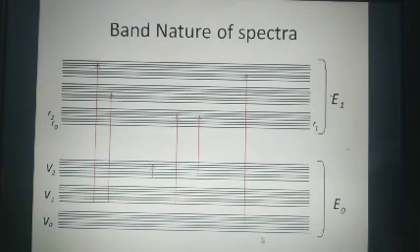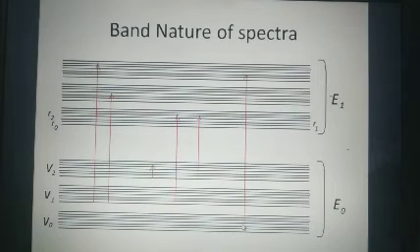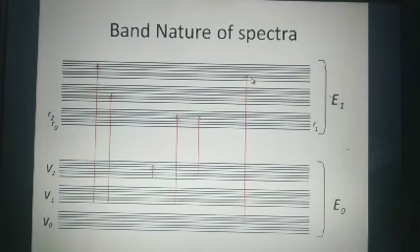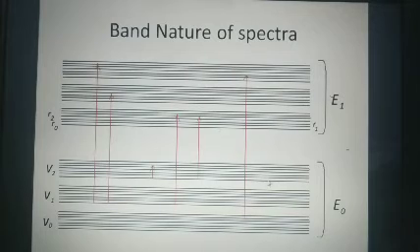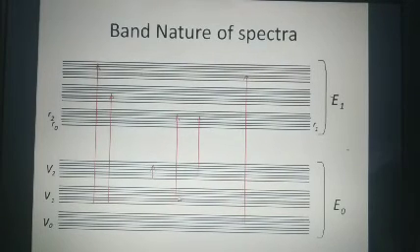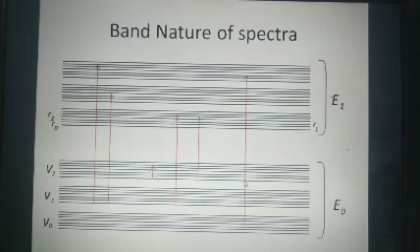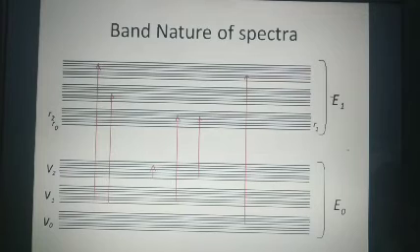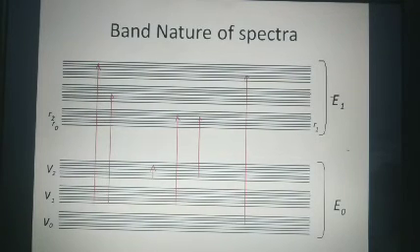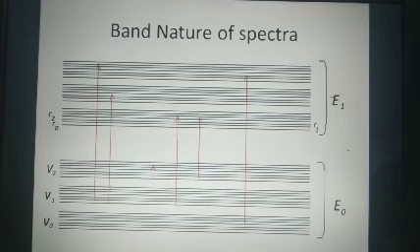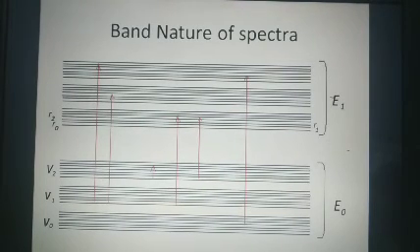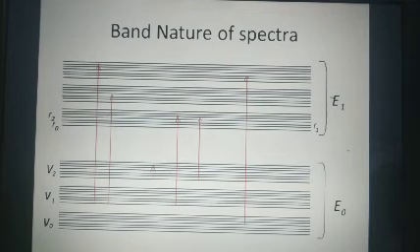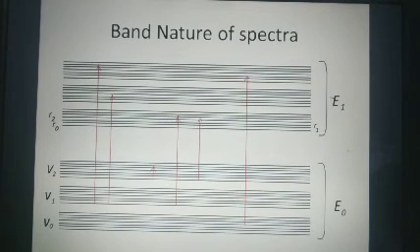Whenever an electronic transition takes place from one electronic level to another electronic level, the energy is sufficient to cause various other transitions which come under that energy. So not only electronic transitions occur, but various vibrational and rotational transitions also occur simultaneously. So the spectra are not only the electronic spectra; the vibrational spectra is also there. A mix of these three comes out.